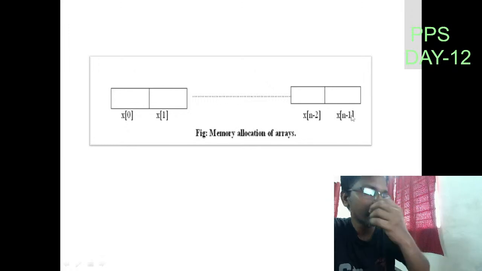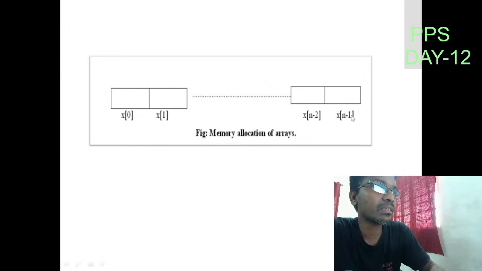That means if we have 10 elements, then the last index number will be x of 10 minus 1, that is equal to x of 9. That is the last index of the array. Like that, memory will be allocated for arrays.